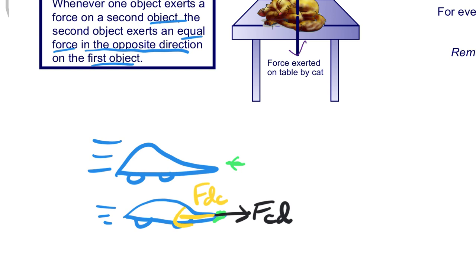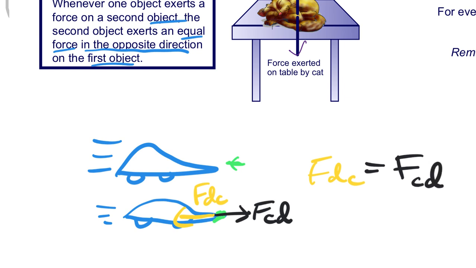Okay, but that's a misconception. According to Newton's third law, if an object touches another object, that second object applies the same force, but in the opposite direction. So we have to say that the force of the dragonfly on the car is equal to the force of the car acting on the dragonfly.